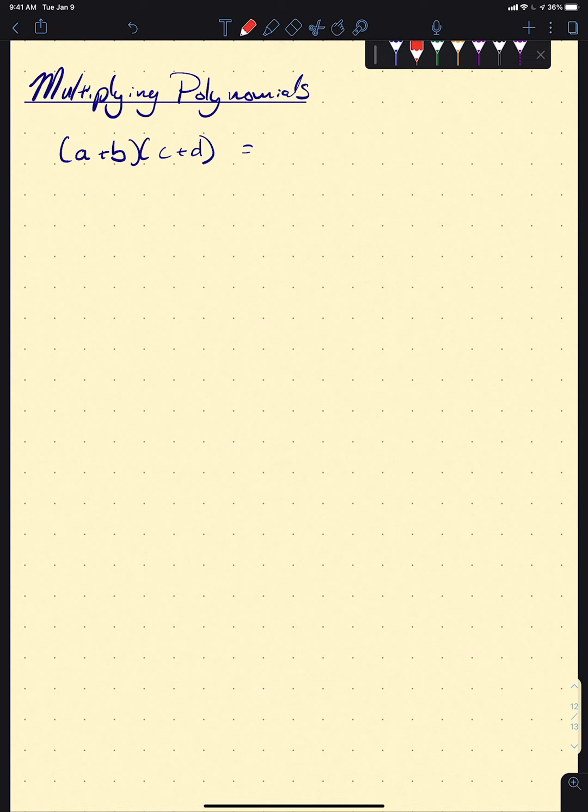You would go first, so ac, then you would go outer, so it would be plus ad. You would go the inner two, so plus bc, and the last, plus bd. Now we can do some examples of this, right?